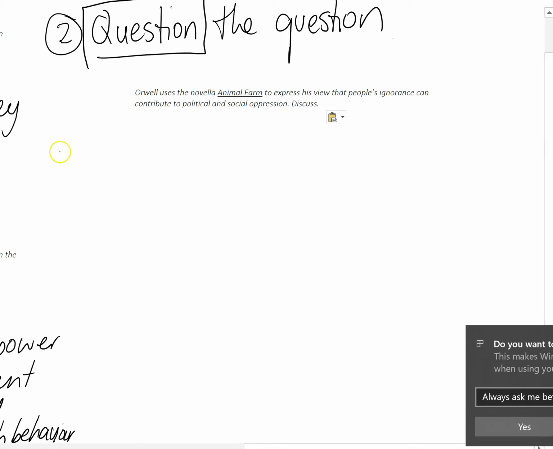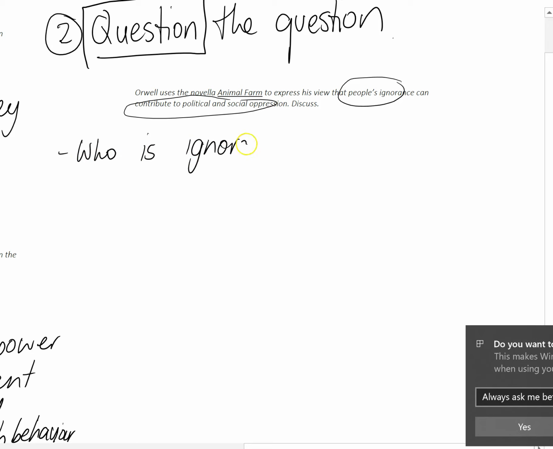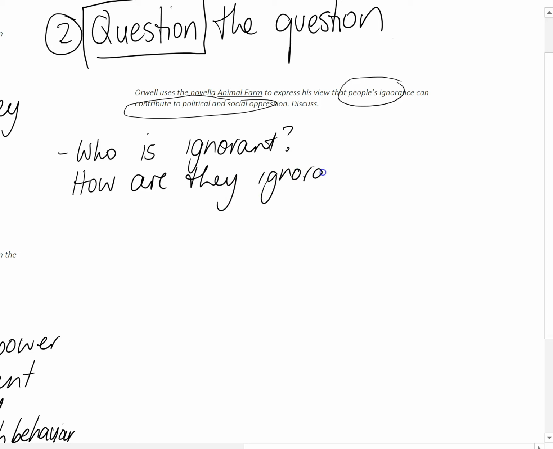So I'll start with, okay, we've got the key ideas: people's ignorance, contribute to political and social oppression. So I'll just say, okay, who is ignorant? How are they ignorant? Why are they ignorant?